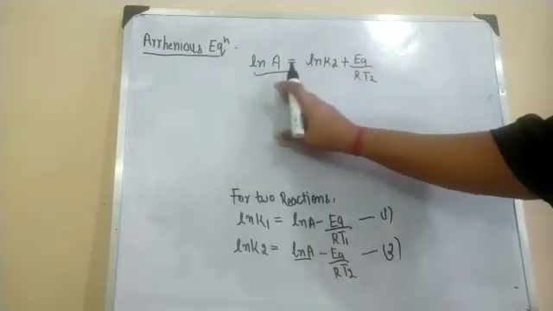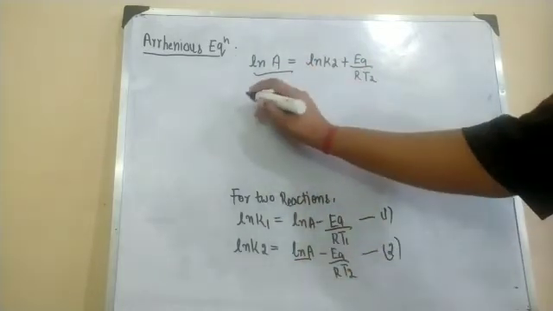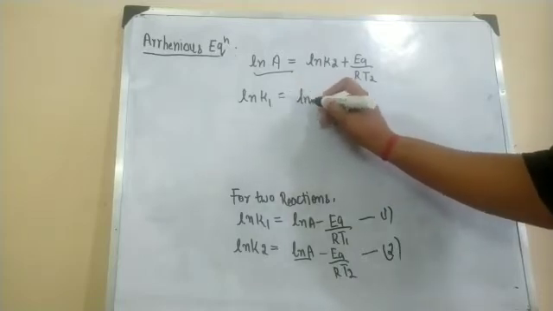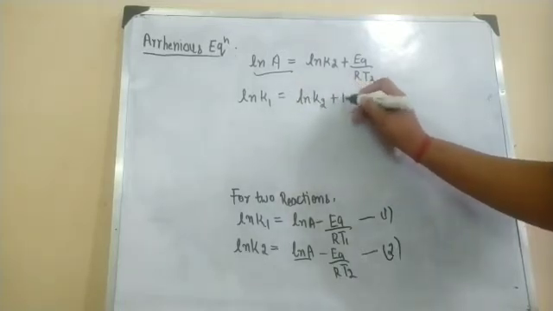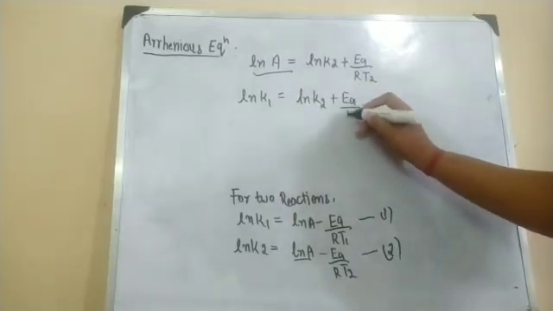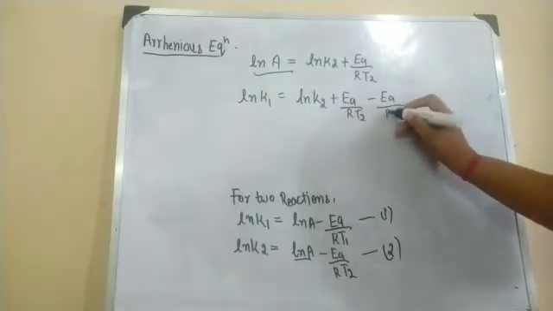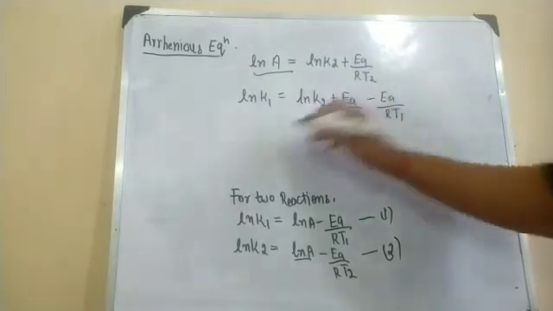Then this value I will put in the first equation. It will become ln K1 is equal to ln K2 plus EA by RT2 minus EA by RT1, right?